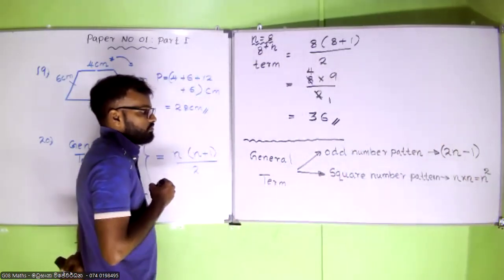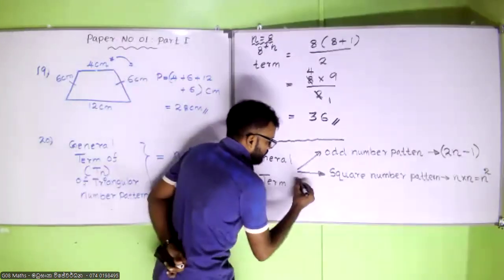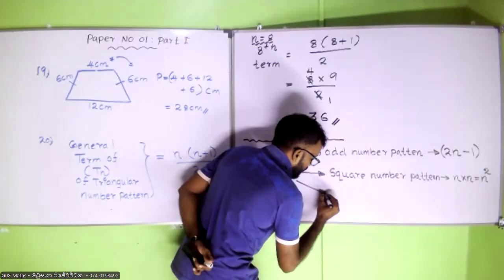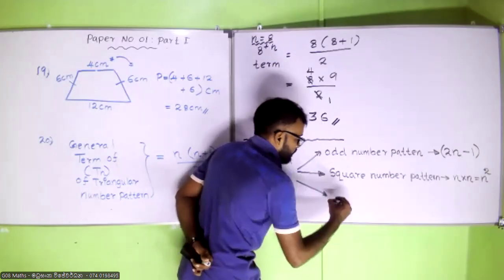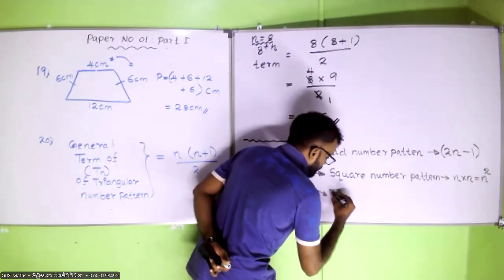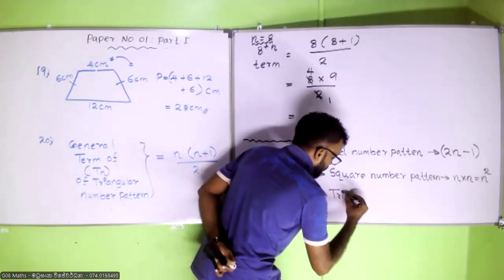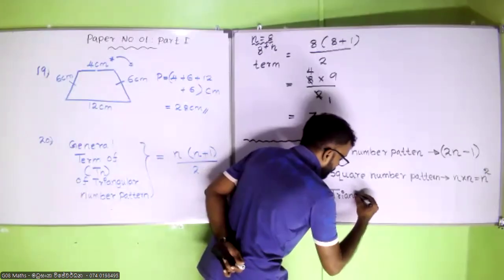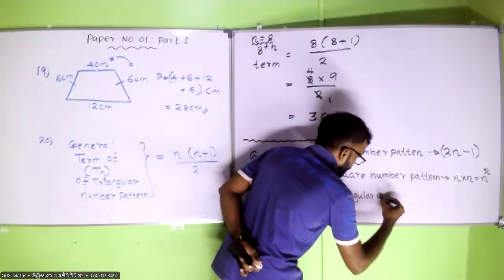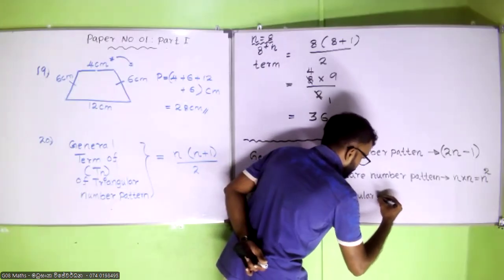Correct? And the general term of triangular number pattern. N into n plus 1 divided by 2.